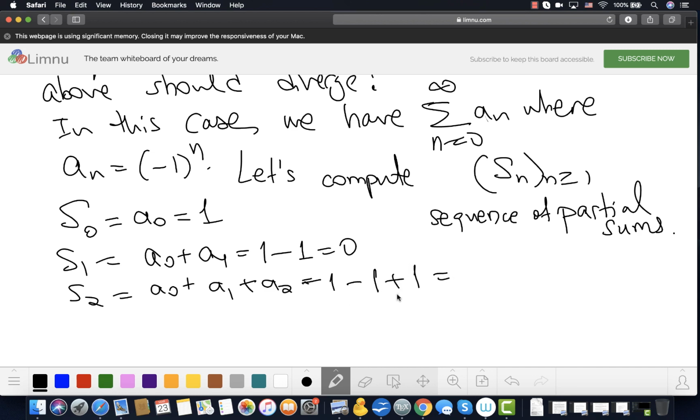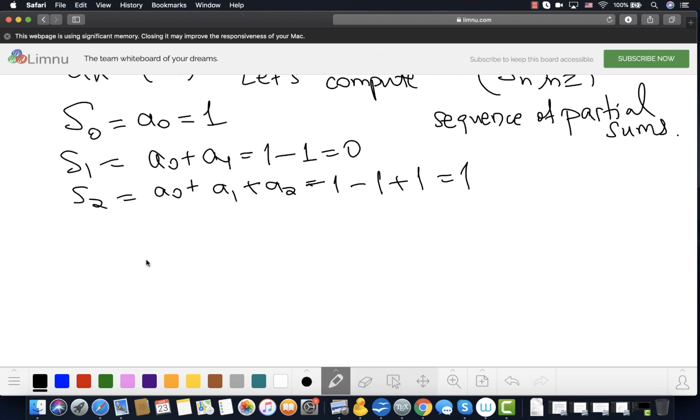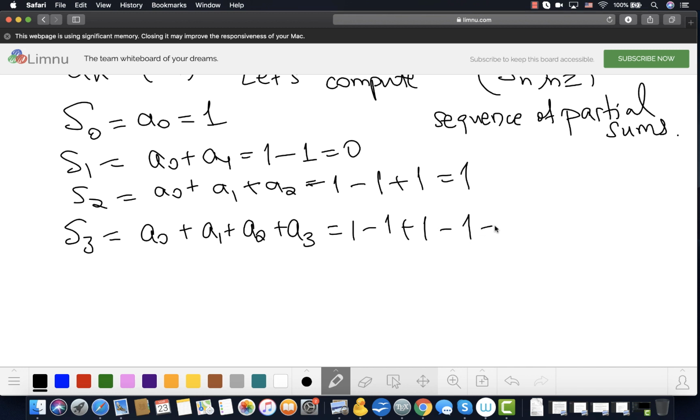So 1 minus 1 is 0, plus 1 is 1. So what's the pattern? S3 is A0 plus A1 plus A2 plus A3, so this is 1 minus 1 plus 1 minus 1, which is 0. So they actually alternate 1, 0, 1, 0.